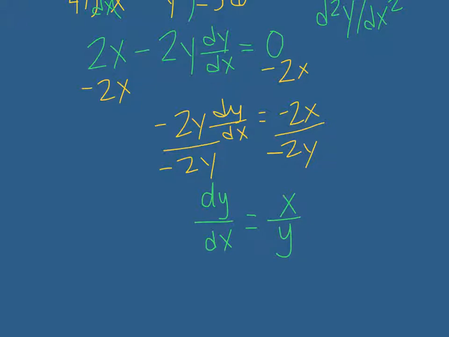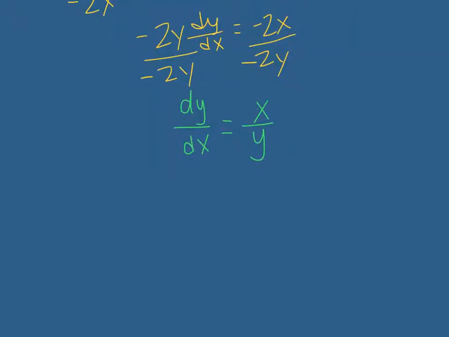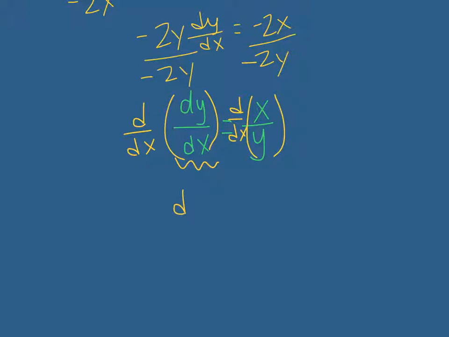Now I need to find the second derivative, so I need to take the derivative of this. Again, with respect to x, so if I'm taking the derivative on both sides with respect to x, the derivative of this dy/dx is just going to be the second derivative. It's going to look like that. And then over here, I'm actually going to have to do the quotient rule. So we have x and y.